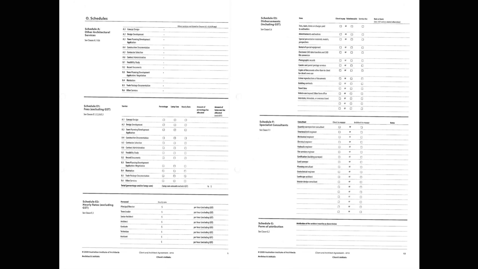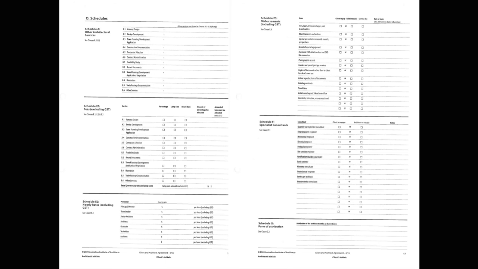These may take the form of a percentage of the budget, or a lump sum, regardless of what the budget may become, or an hourly rate based on how much time the architect spends on it. So you can mix and match these kinds of things.